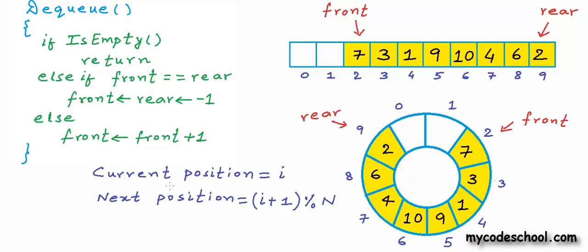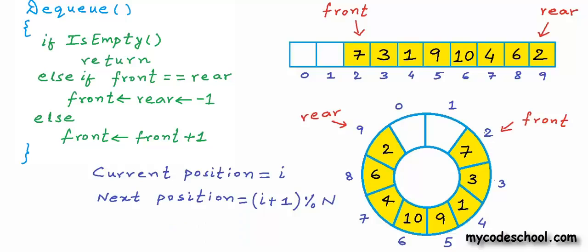The modulo operation gives us the remainder upon dividing by n. For any I other than n minus 1, this modulo operation will not have any effect. But for I equal to n minus 1, the next position will be n modulo n, which is equal to 0. When you divide a number by itself, the remainder is 0.